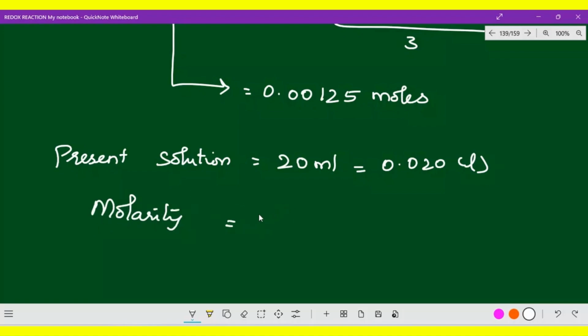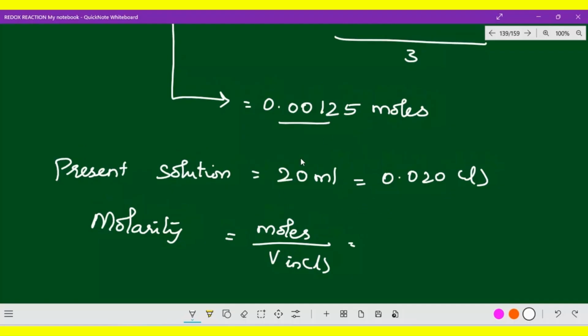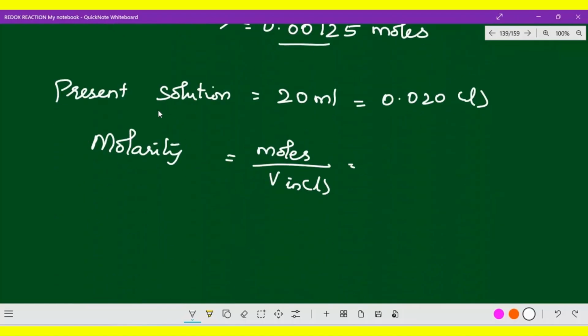Molarity equals moles per volume in liter. Always remember this. Here moles of Al2(SO4)3 is what we have to identify in the present solution. I mention everything specifically because you have to understand very clearly.